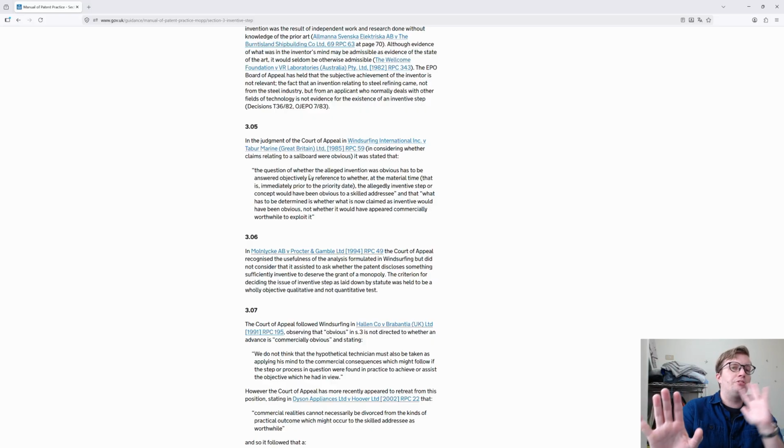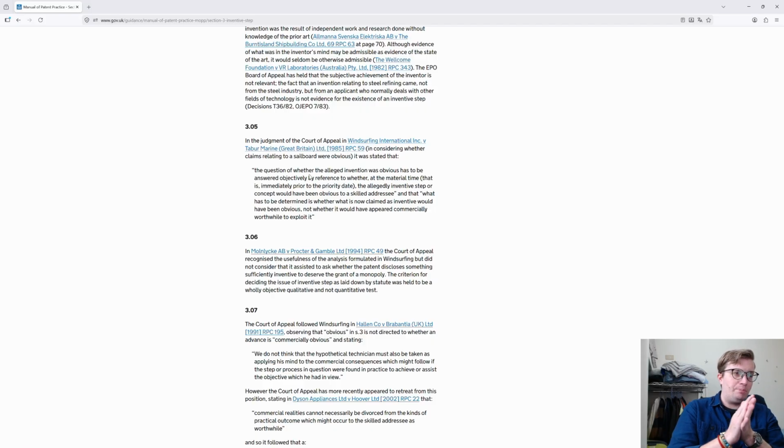So the UK approach and the EPO approach to deciding inventive step are a little bit different, but in theory, we should come up with the same answer because UK law is based on the European Patent Convention, which is what the EPO is, and the EPO grants patents that are valid in the UK in theory. So ideally, or in theory, we should arrive at roughly the same answers.